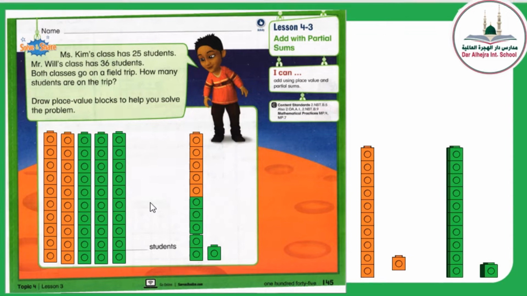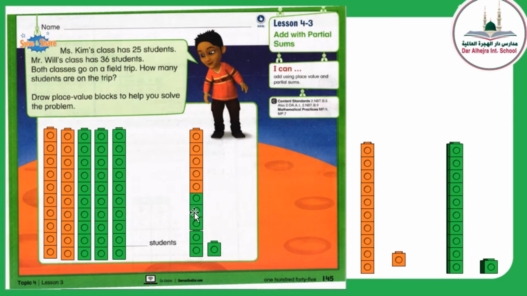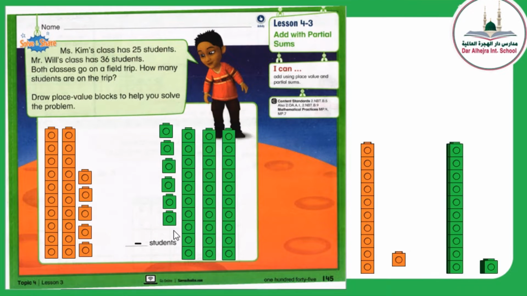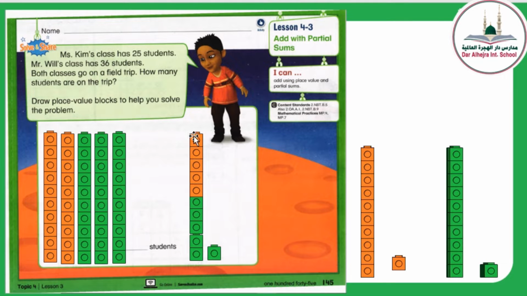So this is what I have done here. I have collected 5 from the orange and 5 from the green link cubes, and I have regrouped them into a single 10. Before that I had 1, 2, 3, 4, 5 tens, but now by regrouping the single link cubes, I have got 6 tens and a single separate link cube.